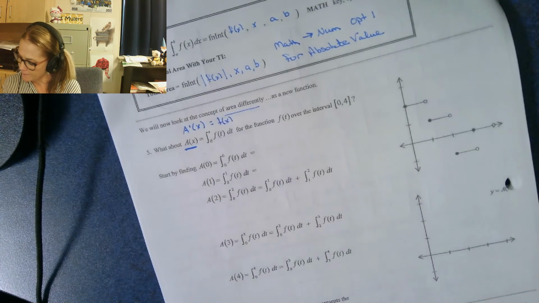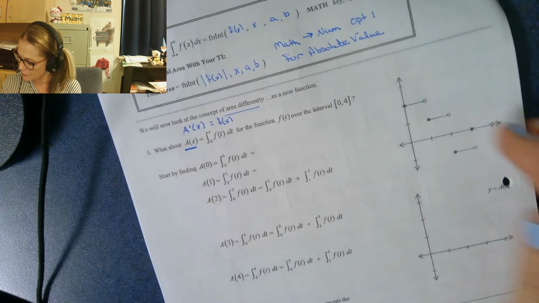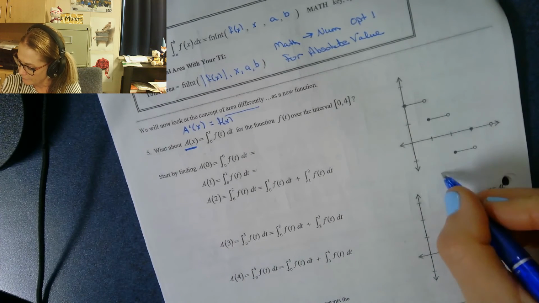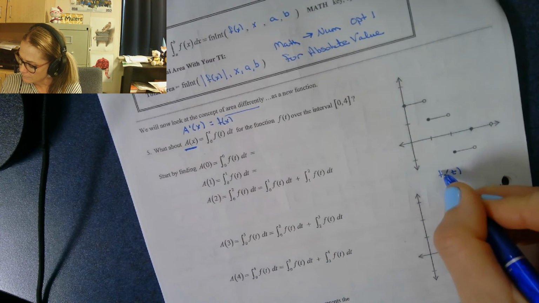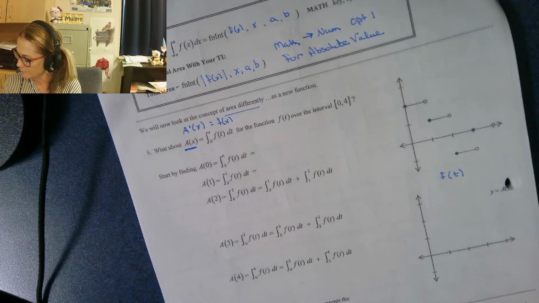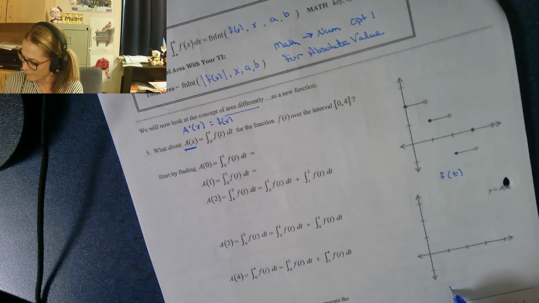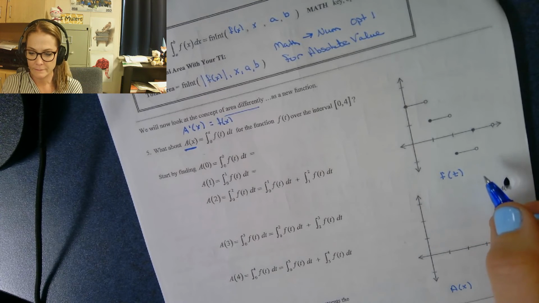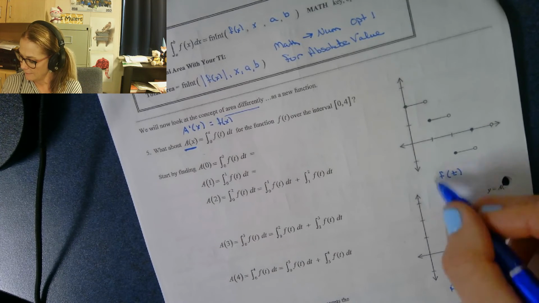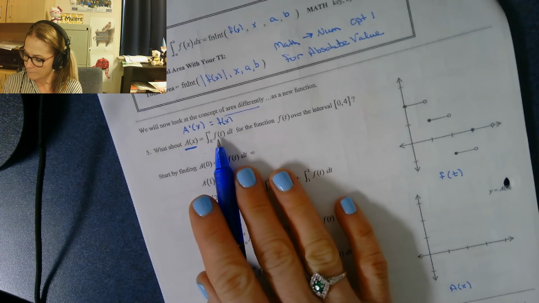Okay, so what they've given us here is the graph of f of t. That really should probably be listed. And then here they want the graph of f of x, or A of x, sorry. It's really important to note that f of t is behind the integral.